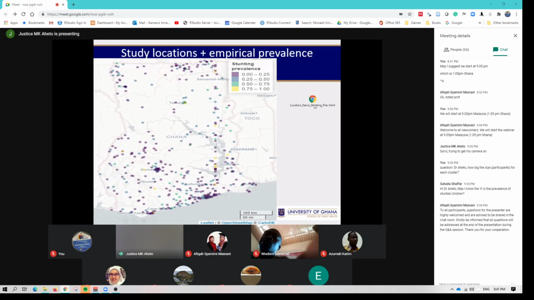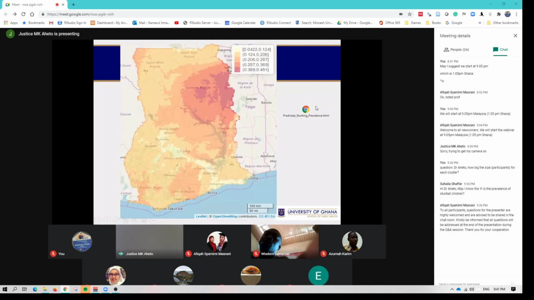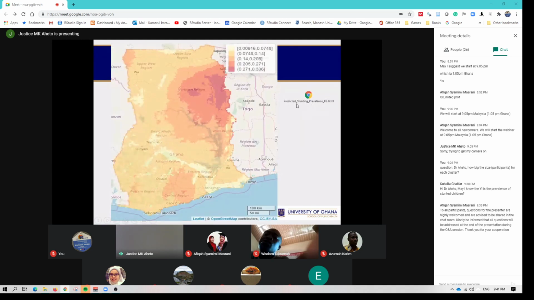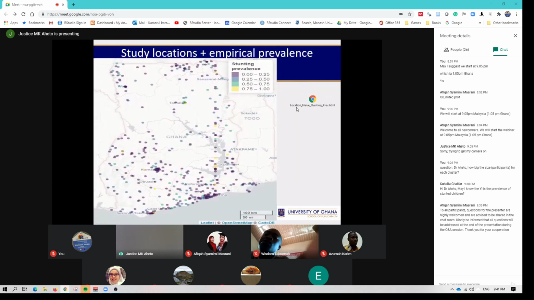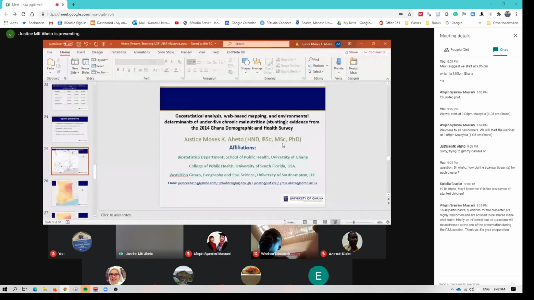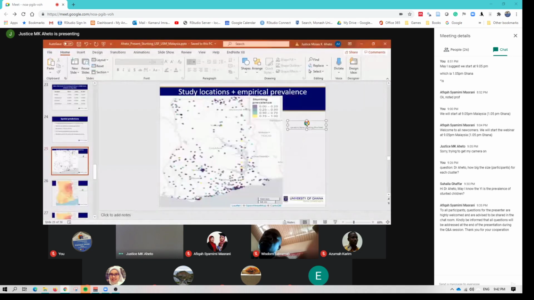If I'm interested in this, all I need to do is click on this, and it will take me straight to the web to have a look at what's happening over there. Before I can go there, I will need to move away from the presentation mode and come to this mode, then double click this one, and it will ask me if I want to go online.